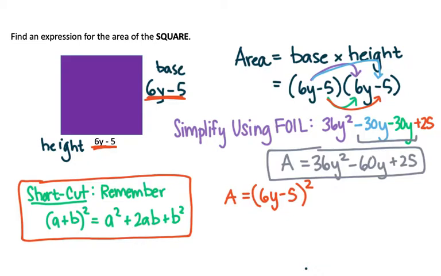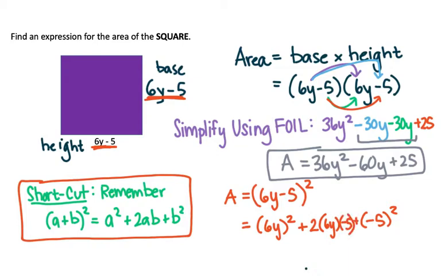Now don't make the mistake of thinking, oh, that's just 36y squared minus 25. You can't do it that way, but what the shortcut rule says is that you square the first term, you square the last term, and then for the middle term, you just multiply 2 times the first term times the last term.